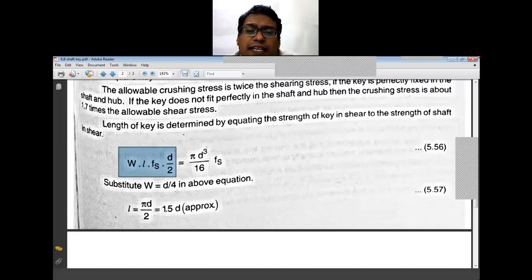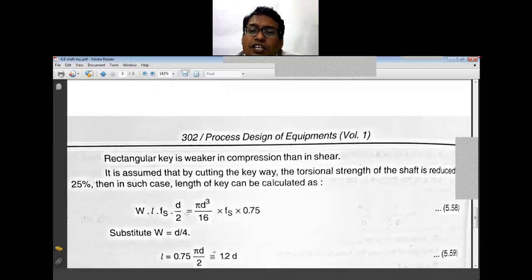So width is generally taken as the diameter upon 4, W equal to D by 4. The length will be calculated as 1.5 times D, but the actual strength of the shaft will be reduced by 25% because we have cut a keyway in the shaft.